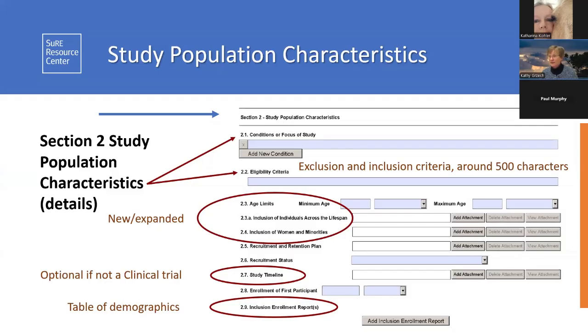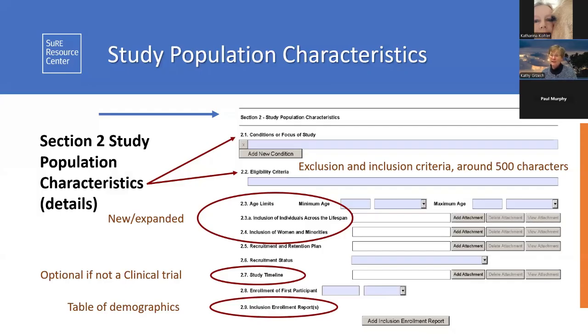But if the truth is that people younger than 40 get that disease, or people older than 65 get that disease, NIH does not accept that you are arbitrarily limiting the age limits. So they are going to expect you to make it as inclusive as possible, all the way down to children if necessary. And so you will follow those age numbers, the minimum and the maximum, with an attachment describing how you arrived at what that is.